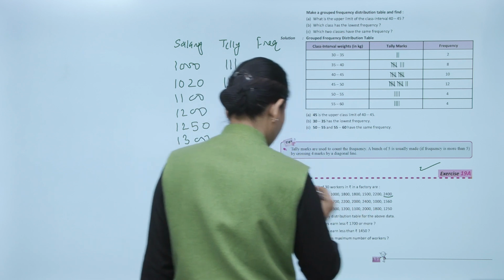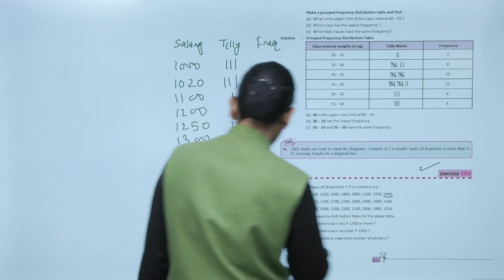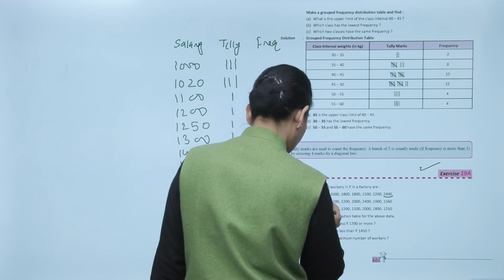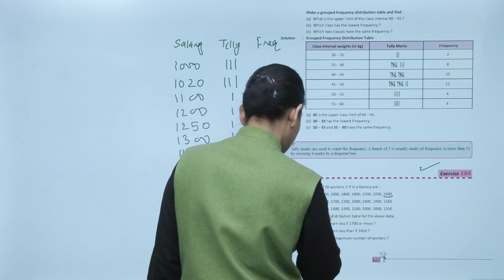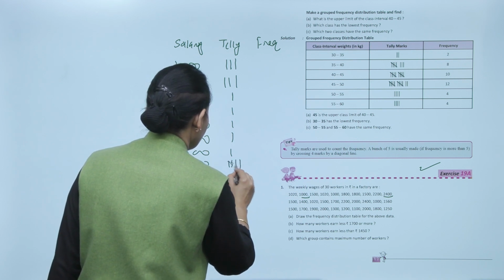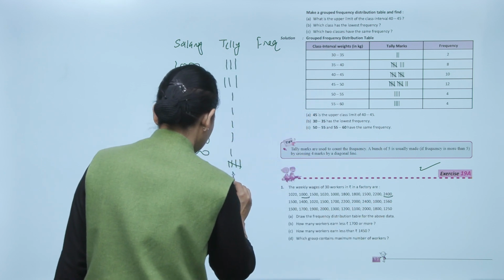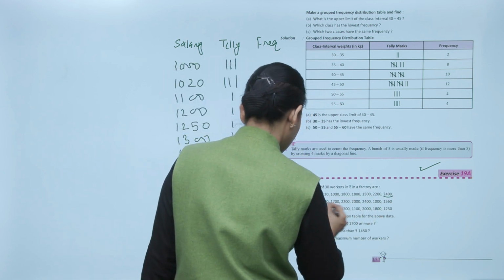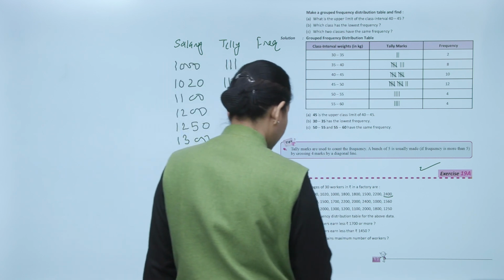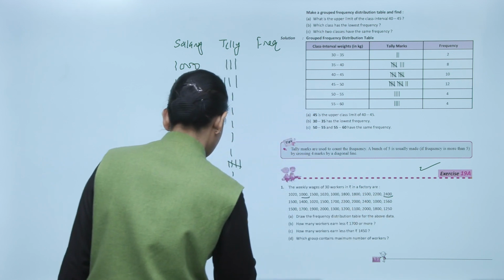Then 1300, 1. 1400, again 1. 1500, 5 times: 1, 2, 3, 4, 5. Then 1560, one time. 1700, 2 times. 1800, that is 3 times.